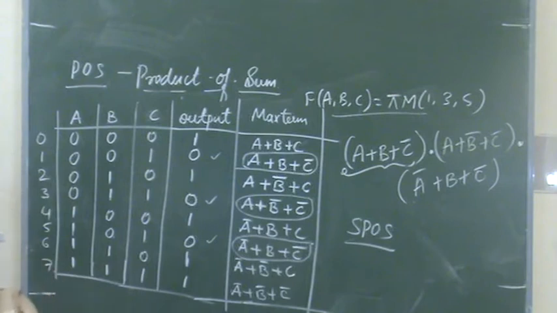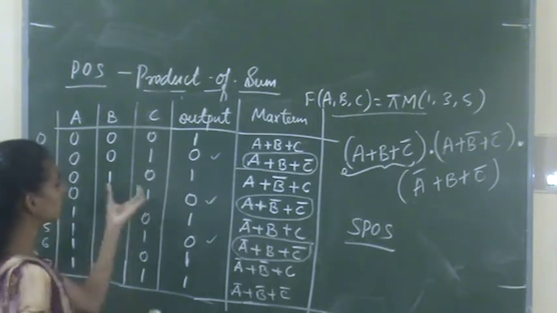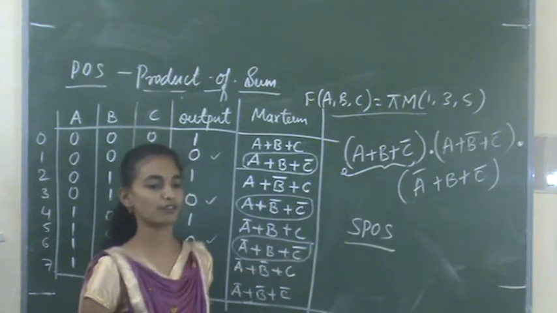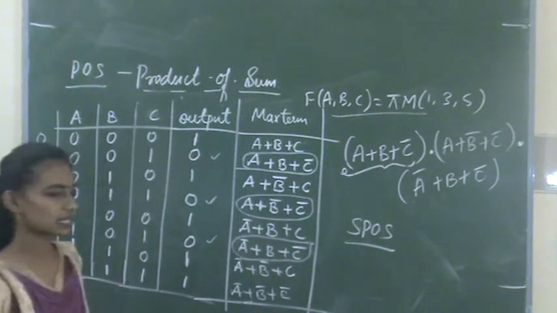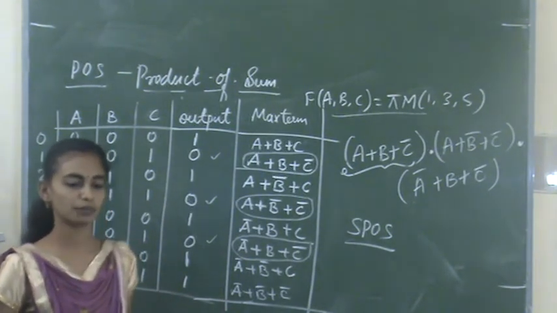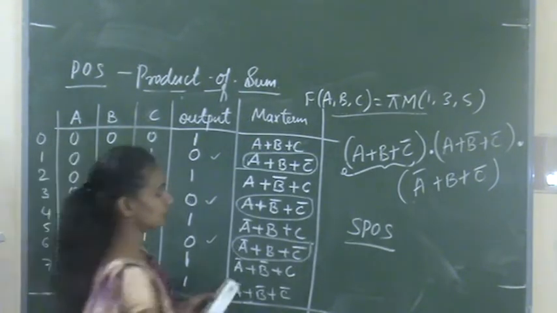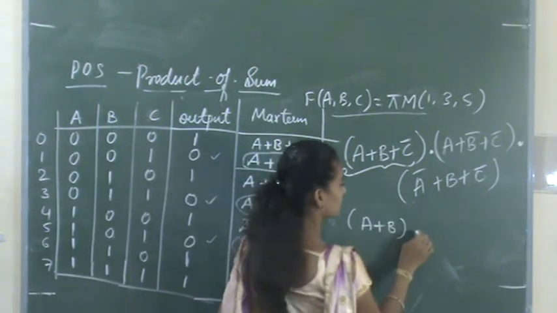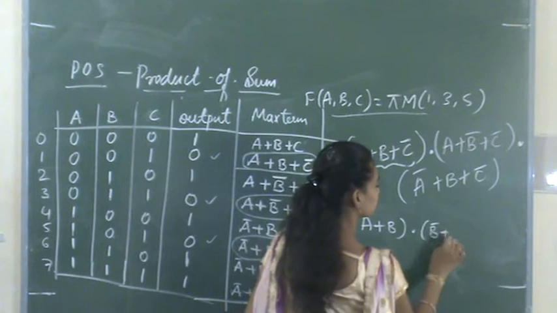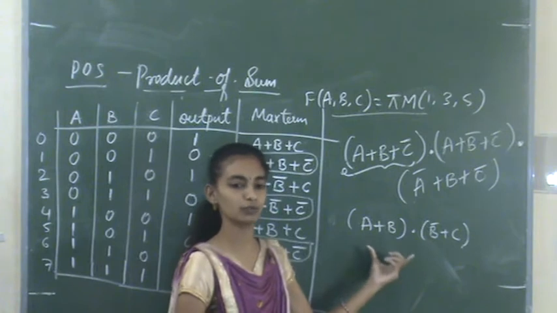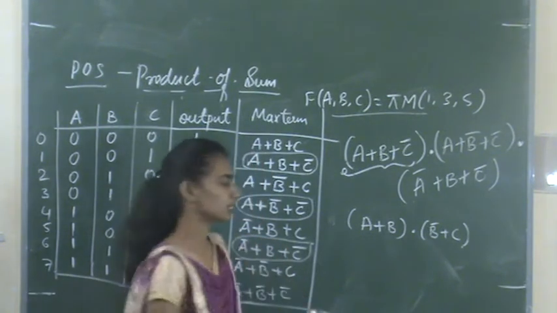Next, in the same way, they may give an expression and ask you to write the truth table for it. They ask questions like convert this into standard POS or standard SOP form. They may give some expression like this and ask to convert it into standard POS. So how will you convert?